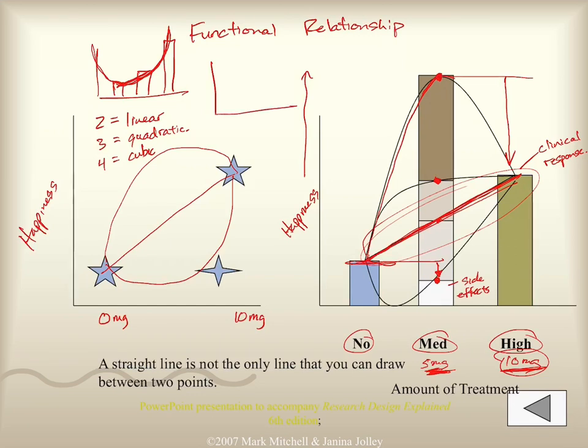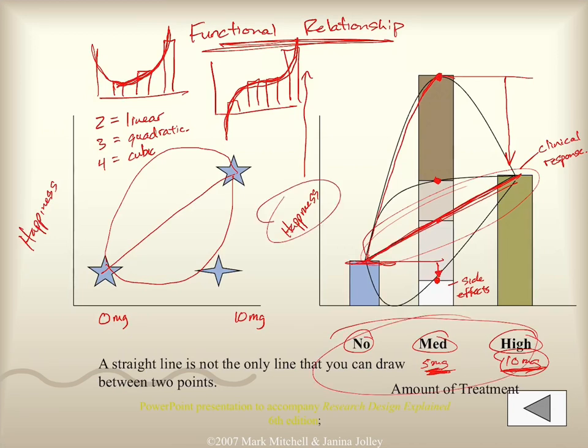So for instance, we might find this with 4 levels, that the drug goes up to a certain point and then takes off. Again, we'll go over this again, but I wanted to at least tie this back into this notion of functional relationship. So one reason to use multiple levels of an independent variable is to detect the functional relationship between one variable and another.